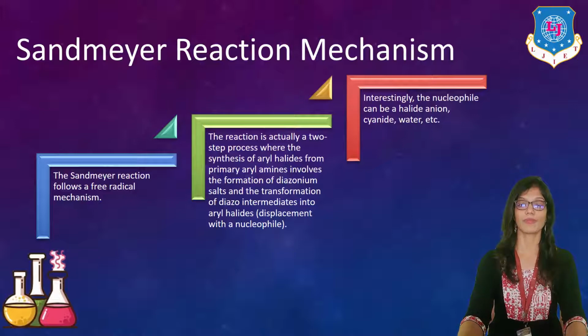So a displacement with a nucleophile occurs here. So it is basically a kind of substitution reaction in which the amino group will be substituted by another nucleophile. Interestingly, the nucleophile can be a halide anion, it can be cyanide, it can be water, etc.